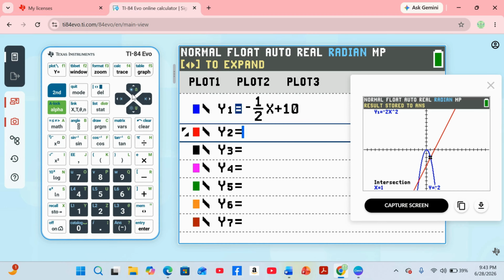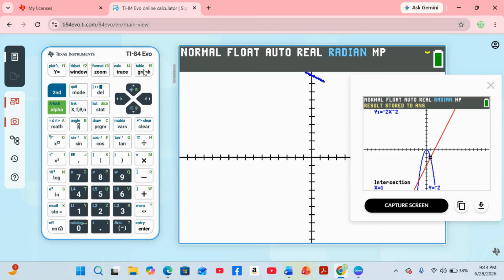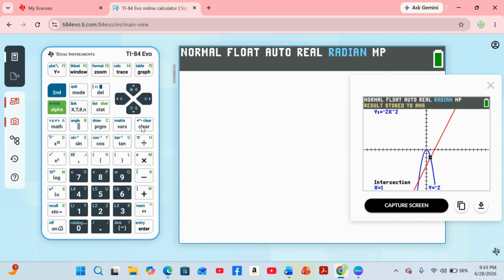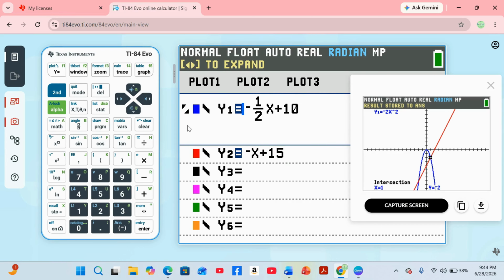And then the other one is negative x plus 15. Okay. There it is. Now let's go back to the equations.